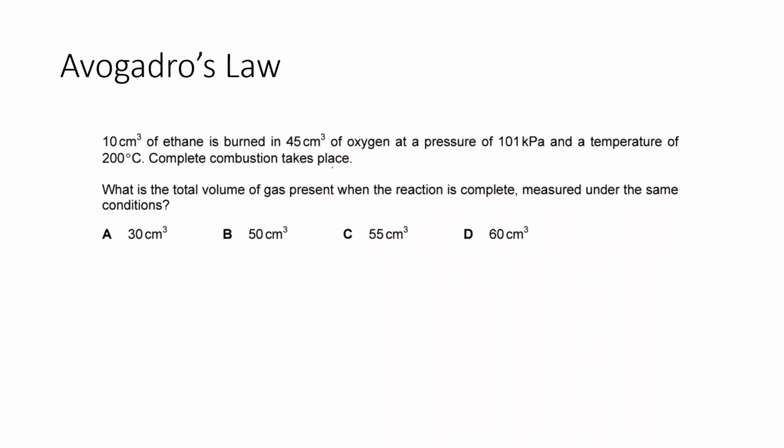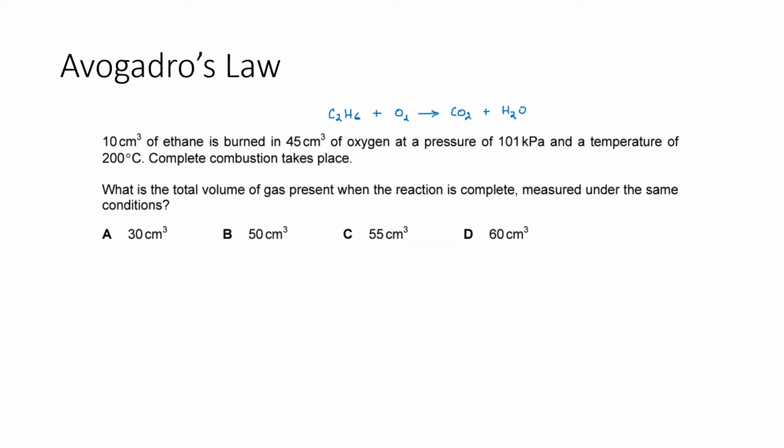So let's write the equation for this. Ethane is C2H6, which burns in oxygen, which is O2. Now complete combustion takes place, so the products of this reaction will be CO2, carbon dioxide, and H2O, which is water, right?